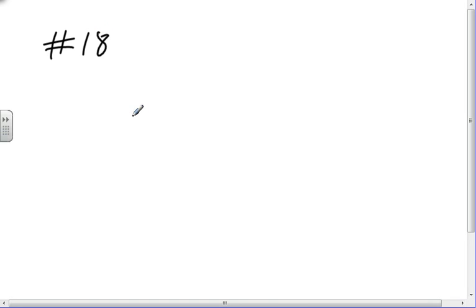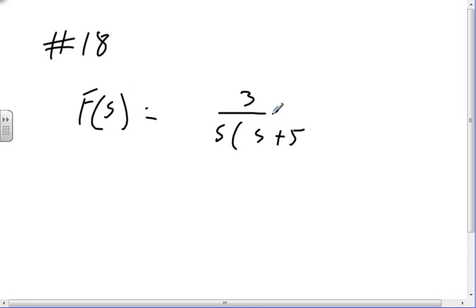Now I'm going to do the problem without theorem 2, and then we're going to do it with theorem 2, and then you're going to tell me whether or not anybody in his right mind would solve these with theorem 2. All right, so here's f of s is equal to 3 over s plus 5. I'm going to do a partial fraction, a over s plus b over s plus 5.